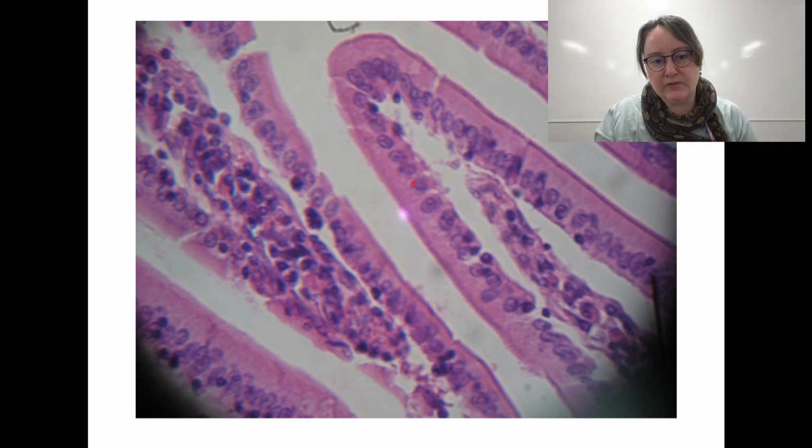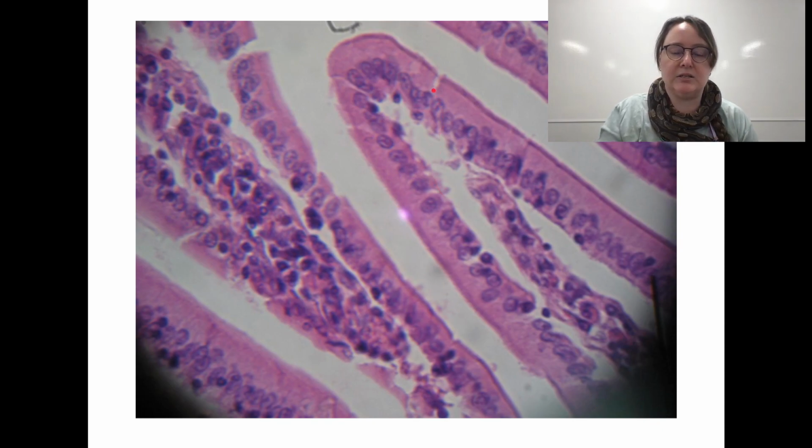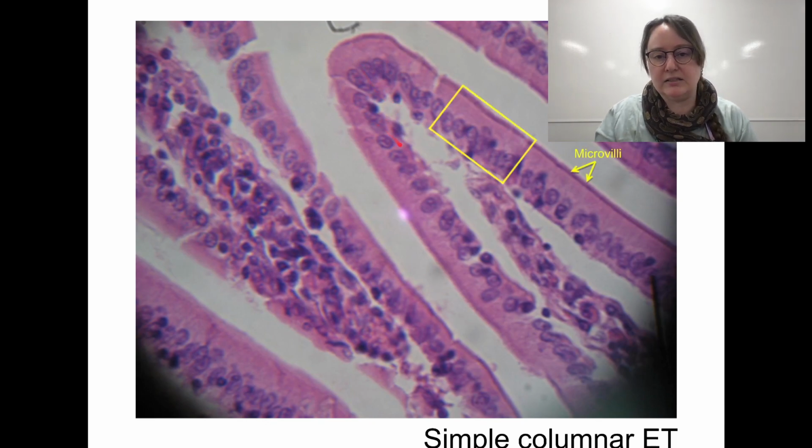Some of them look very fuzzy along the top, and that's microvilli. So what we're looking at is some small intestine. If you look right here, this is simple columnar. As you can barely make out, a lot of the microvilli are on the other side, see? There you go.